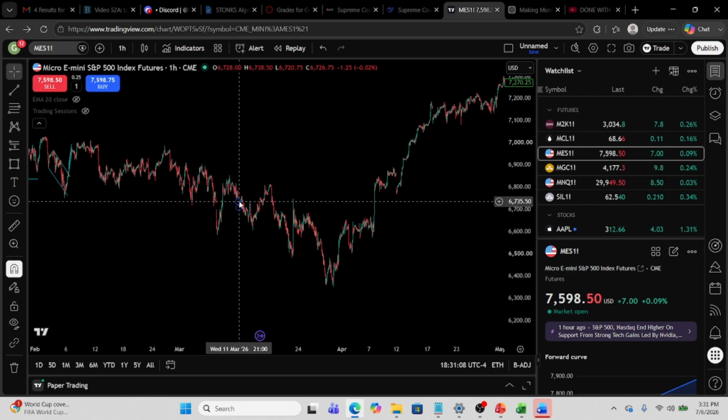Now, there's something called the market cycle, and a very simplistic way of looking at the market. It's either doing one of two things. It is either trending or it's consolidating.